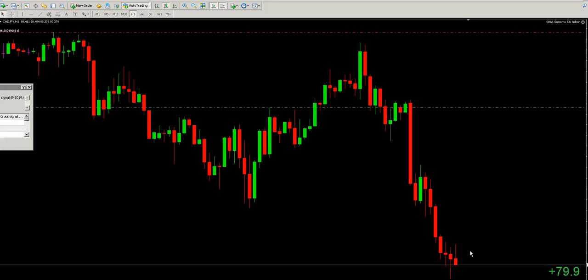For some reason, it seems like I didn't trail this particular entry. Otherwise, the profits would have been trailed, and I'm sure the stop loss would have moved somewhere here. But anyway, fine. I didn't trail it, so the stop loss is where it was.